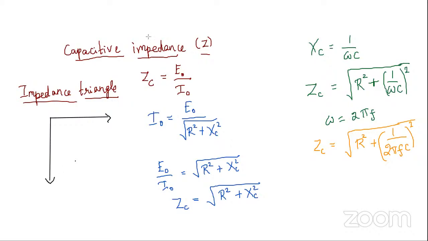And here you will be having the impedance represented like this. So here you have O, and this is phi, and this is P, and this is Q, this is S. So this line actually is the impedance, capacitive impedance Z.